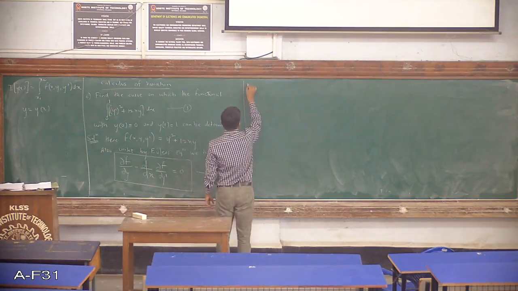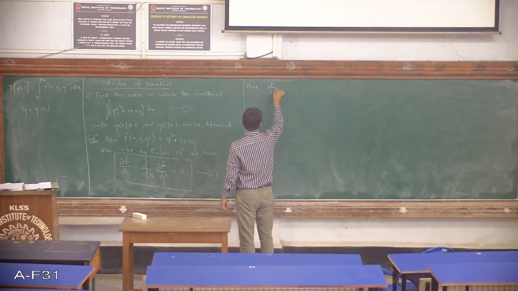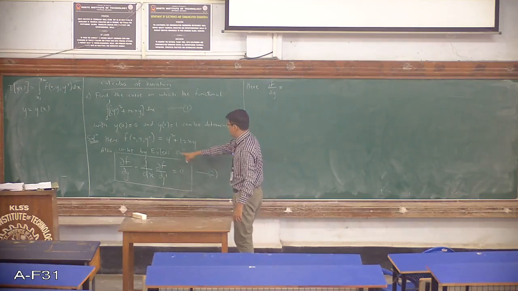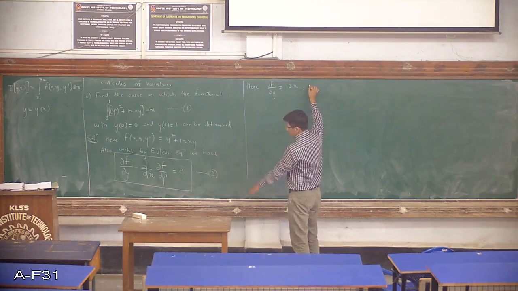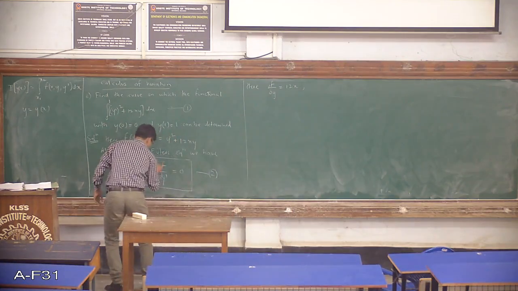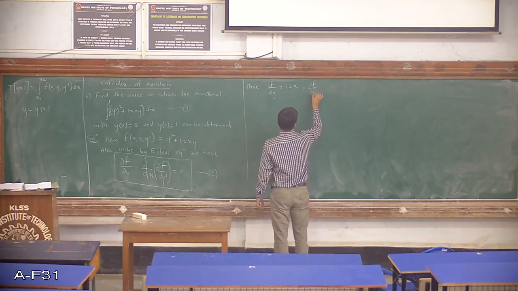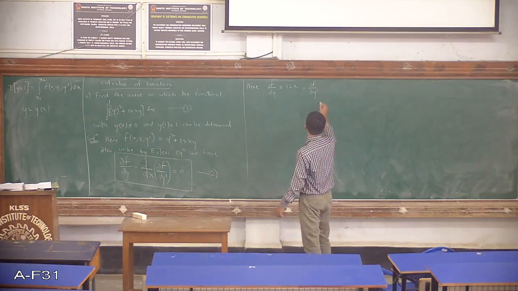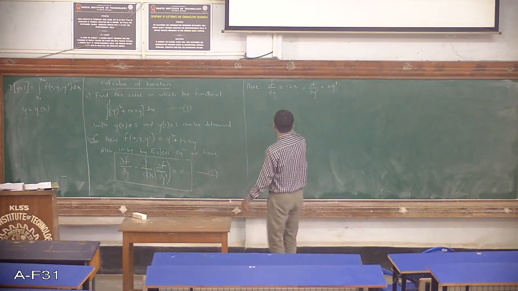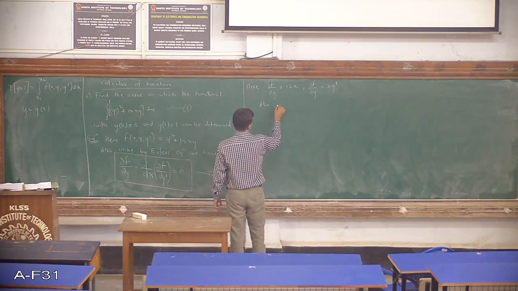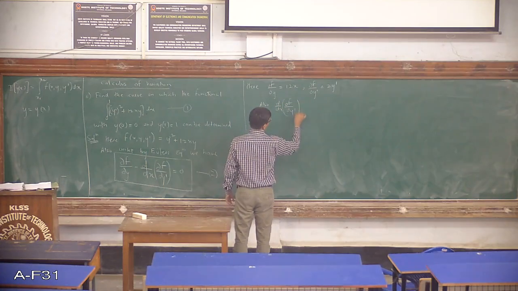So dou f by dou y is equal to, so here it turns out to be 12x, and one more thing, that is dou f by dou y prime is equal to 2y prime. Again what you have also, that is d by dx of dou f by dou y prime, which is equal to this.